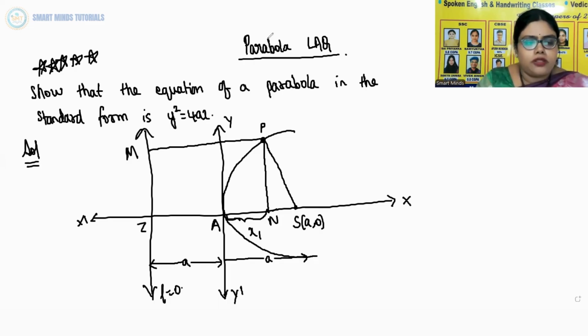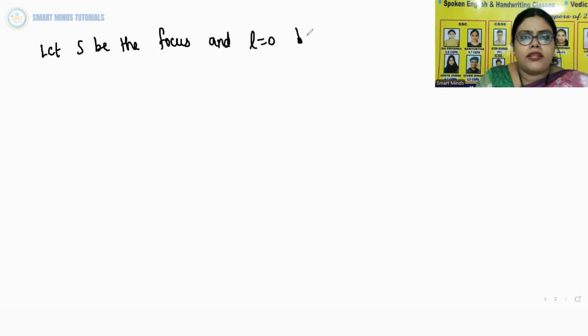First, you need to draw this figure. Now, after drawing the figure, we will describe the figure. So, whatever I will be writing, you just look at the figure and try to understand. So, let S be the focus, and L is equal to 0 be the directrix of the parabola.